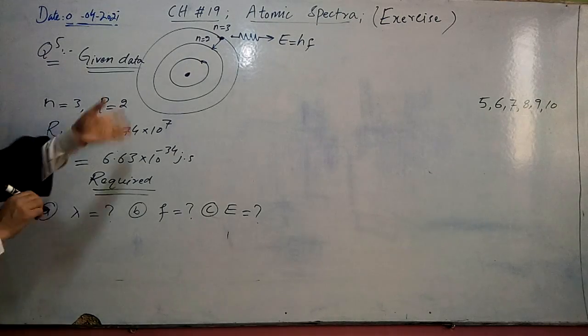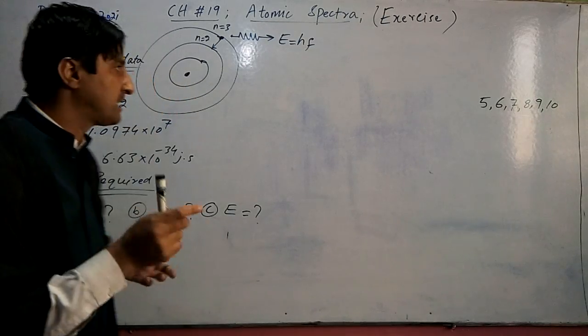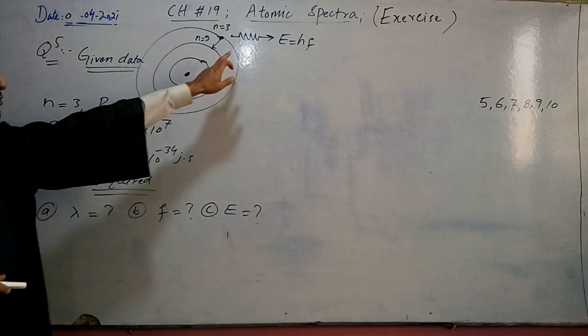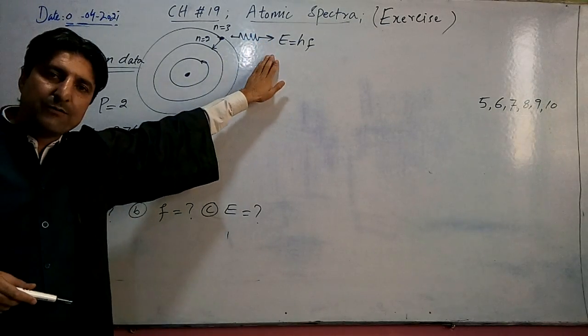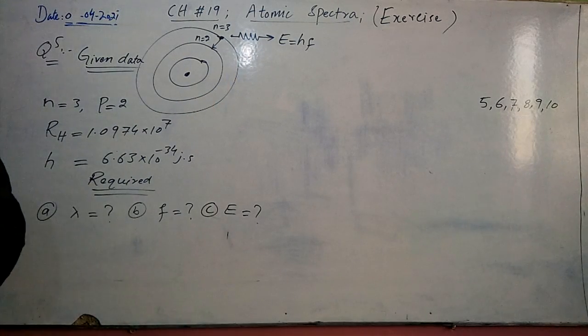Let me summarize this briefly. In the question, it is stated that when there is a transition from a higher energy orbit to a lower energy orbit, a photon is emitted, and we have to calculate the energy, frequency, and wavelength of the photon. So how can we calculate?